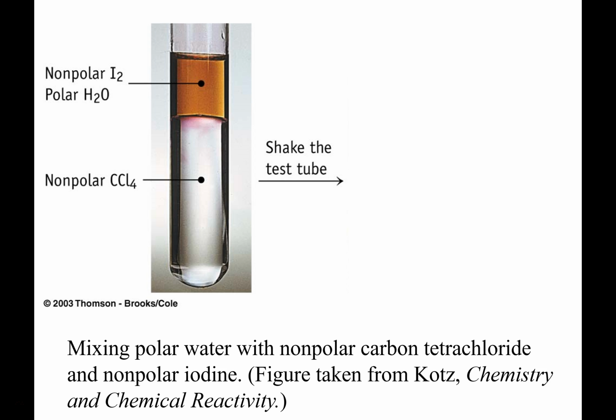So actually we have three substances here. We have carbon tetrachloride. Remember I said the CCl4, although it's a carcinogen, would make a great alternative to water if you're trying to dissolve something, because CCl4 is nonpolar. And then up here, we have water, but also what's making that water a brown color is the presence of I2.